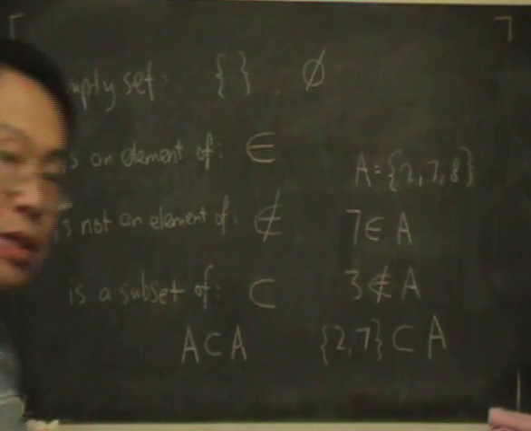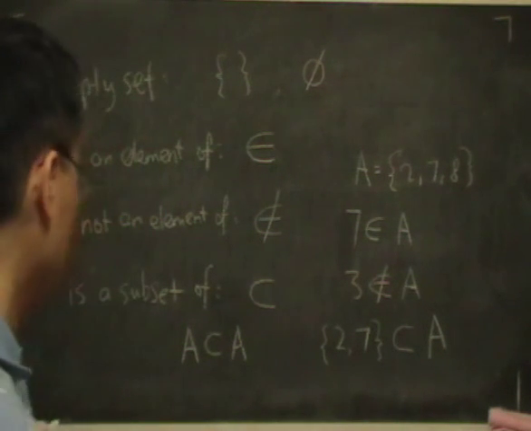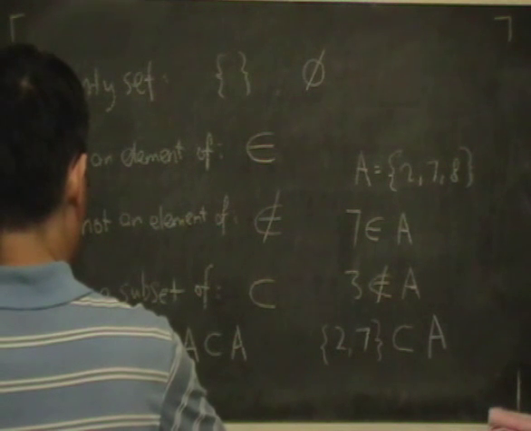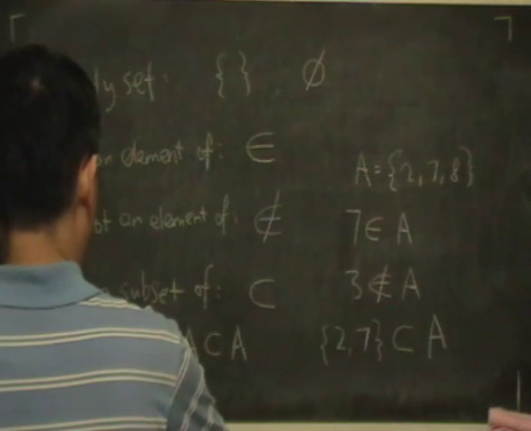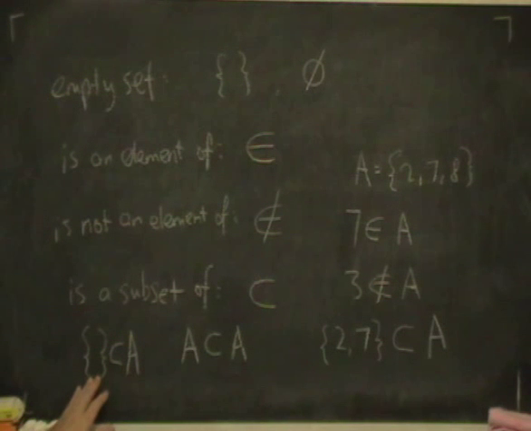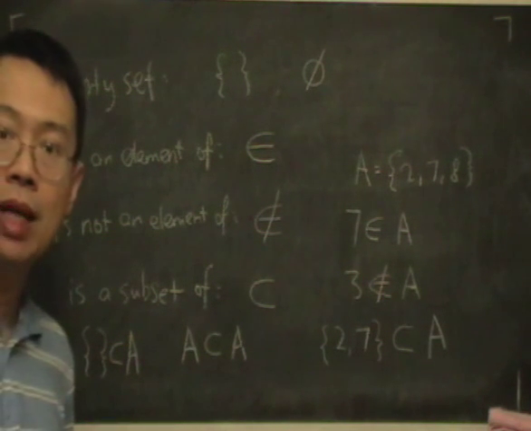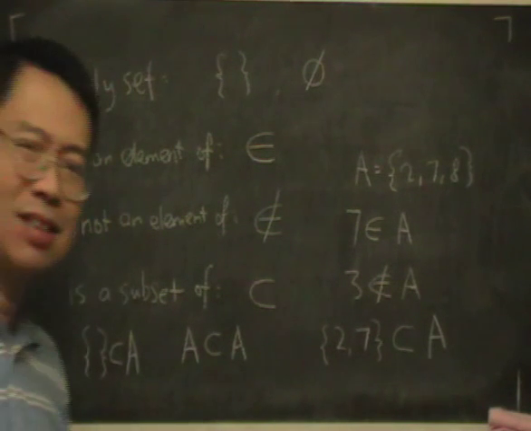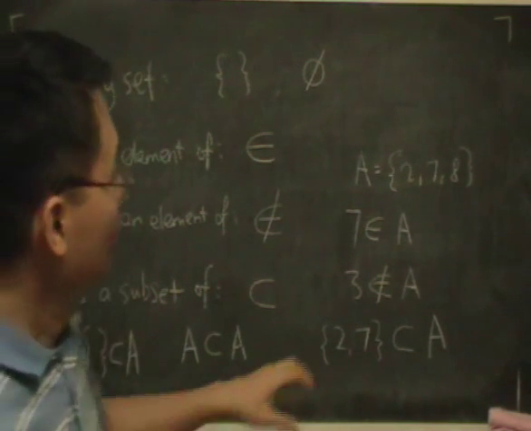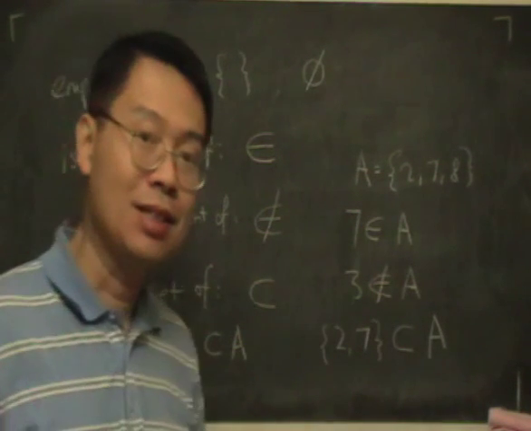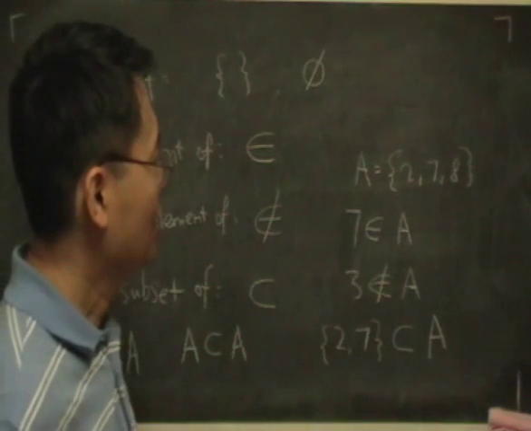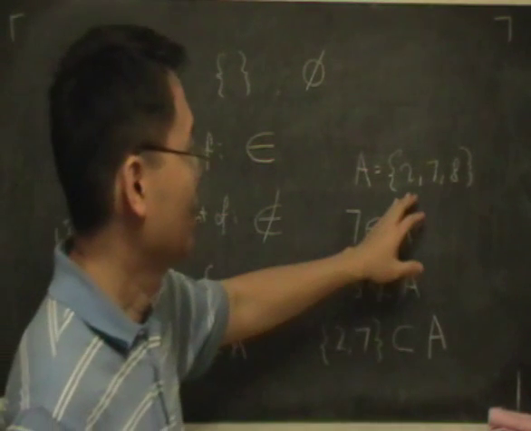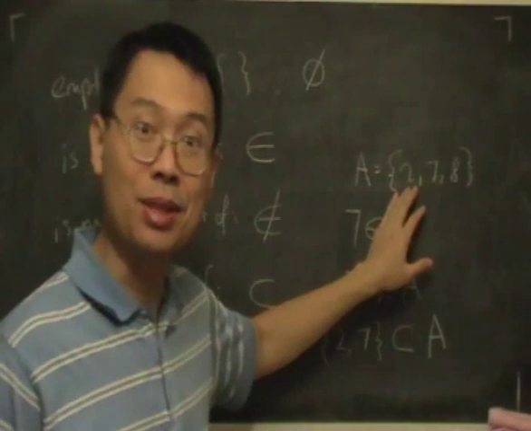Now, another special case is the empty set. The empty set is a subset of A. Now that might sound rather odd. An empty set? Well, an empty set has nothing inside. So it's like saying nothing is part of something.